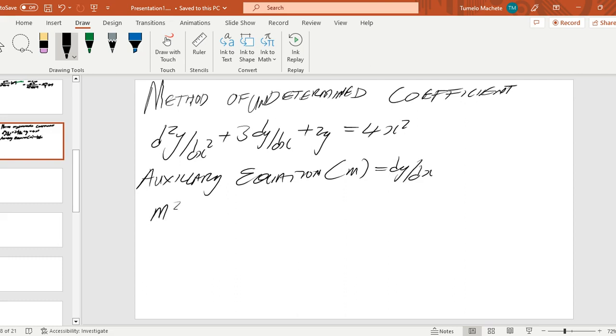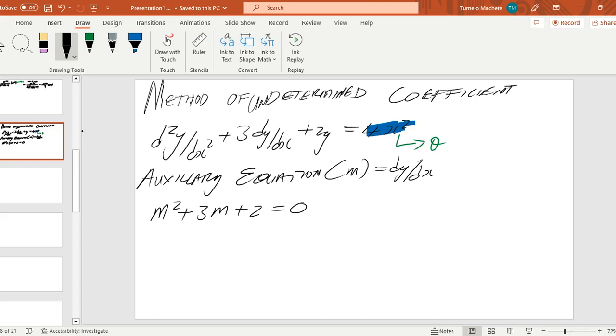So you're going to have m squared plus 3m plus 2 equals 0. You're going to ignore this value, which is your Q. When you find the factors, you equate it to 0.